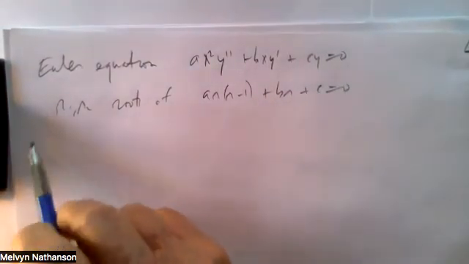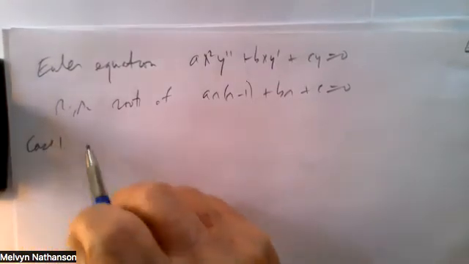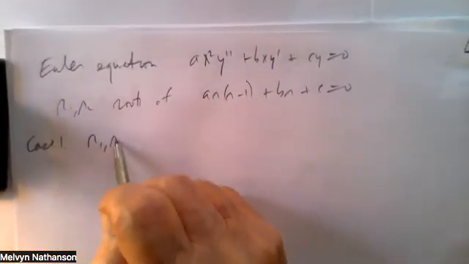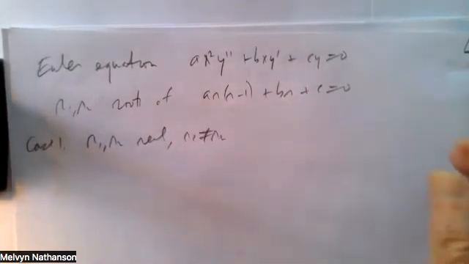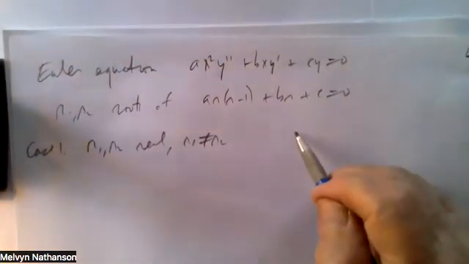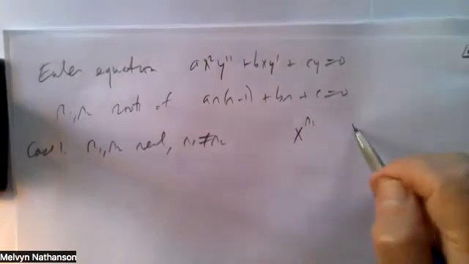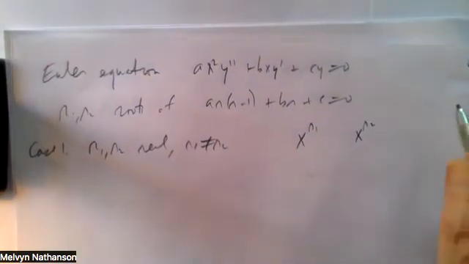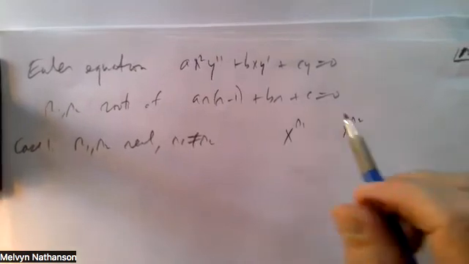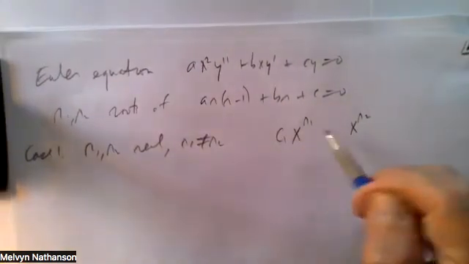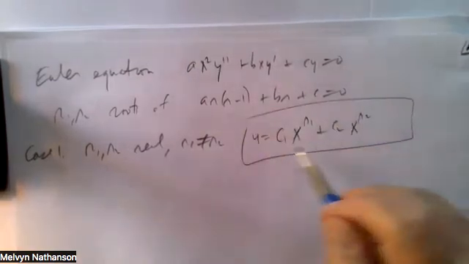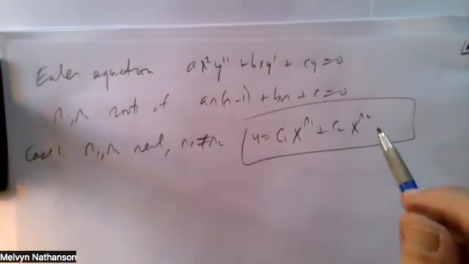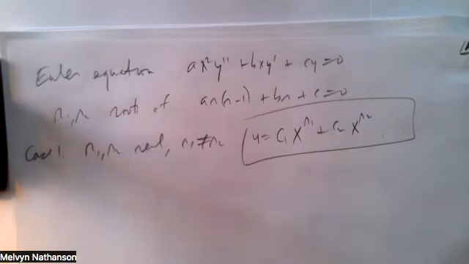And there are 2 cases. Case 1: r1, r2 are real numbers, r1 different from r2. Then x to the r1 and x to the r2 are a fundamental set of solutions to this differential equation, and the general solution is any linear combination of these 2 powers of x. That's when you have 2 real roots.